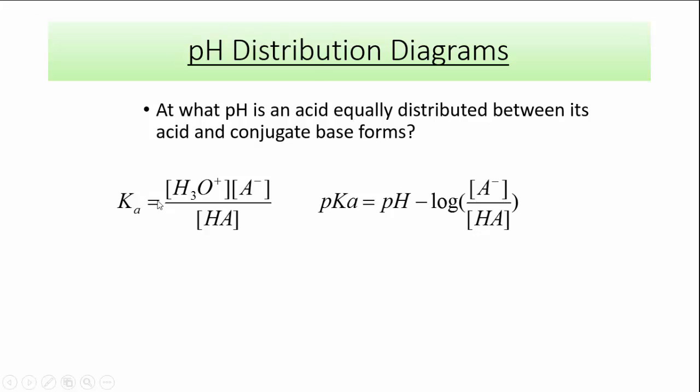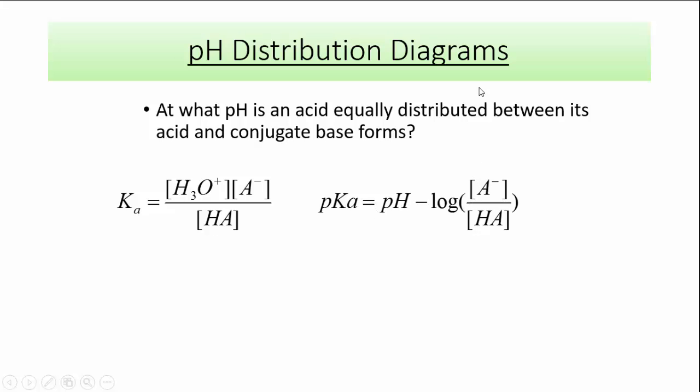Okay, so we'll start with the acid equilibrium constant expression, and to answer this question, we'll take the negative log of each side of this equation, which is actually kind of partway towards converting that equation, which is sometimes called the Henderson equation. We're moving towards converting it into the Henderson-Hasselbalch form. But okay, we've taken the negative log of each side of the equation.